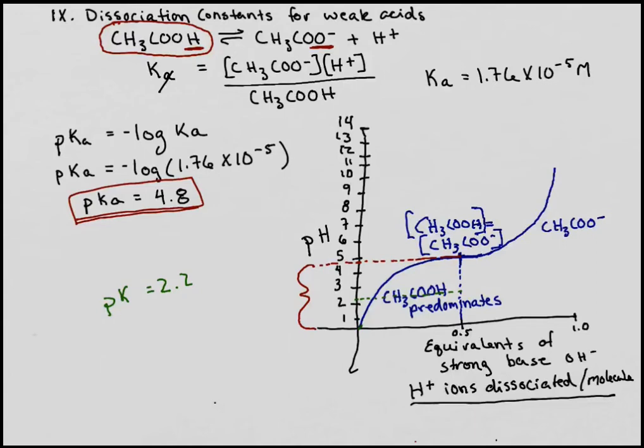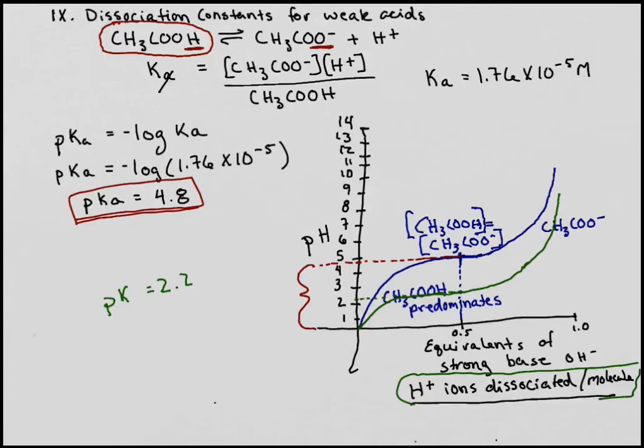So as we add equivalents of strong base and hit the midpoint, that resists the pH change, and then as we add the full equivalence, it completely titrates off that acidic proton. So you can see why ions dissociated per molecule is also a good measure for this x-axis.